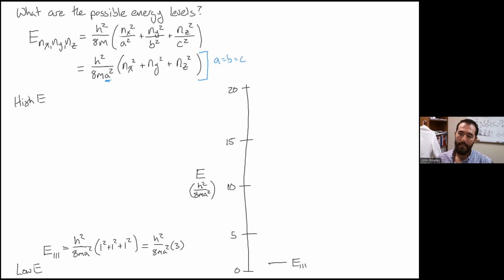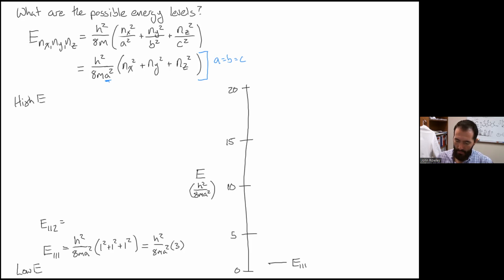Let's calculate the next highest energy level. The next highest energy level is where the wave particle is excited in only one of the dimensions. That would be the E112 level. Now notice this is equivalent to the E121 or the E211 level. It doesn't really matter where the 2 is in this case because x, y, and z all have the same box length. So those are all degenerate, or equal, levels.